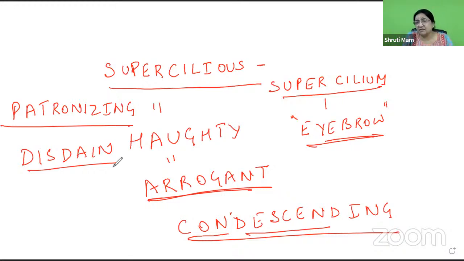Disdain. I am the boss. I know everything. I can't descend, and my eyebrow is high. Haughty. So disdain, patronizing, supercilium. Then another word can be overbearing. Overbearing. That means he is acting as if over on everything.